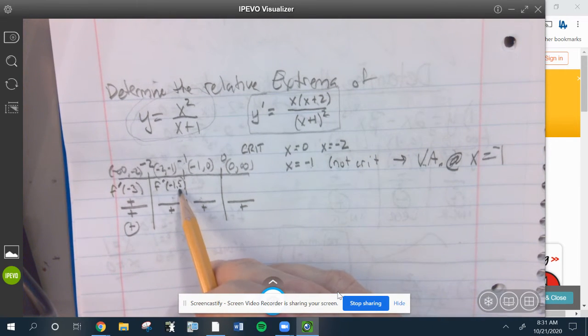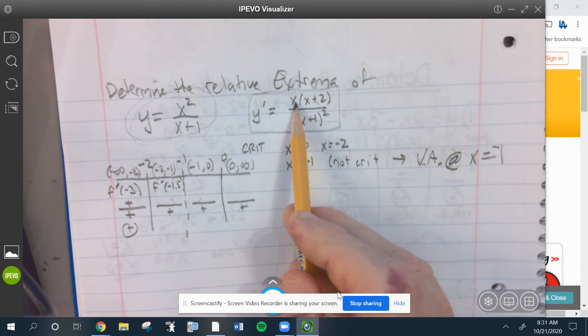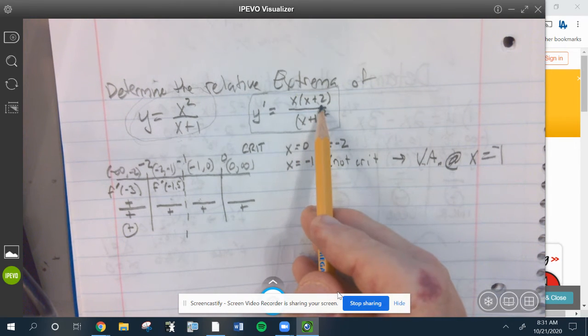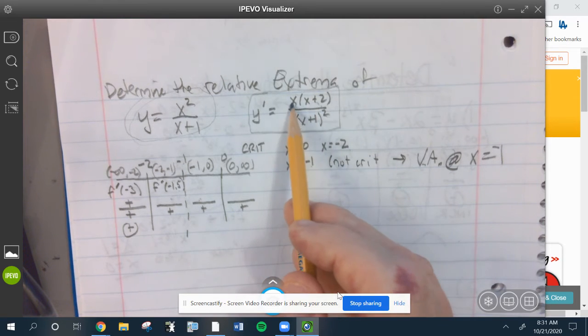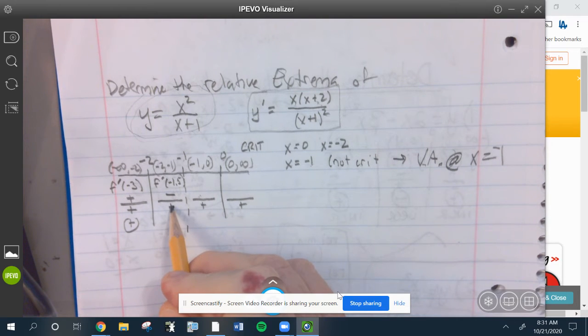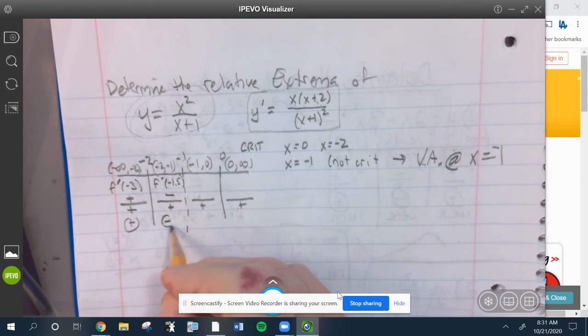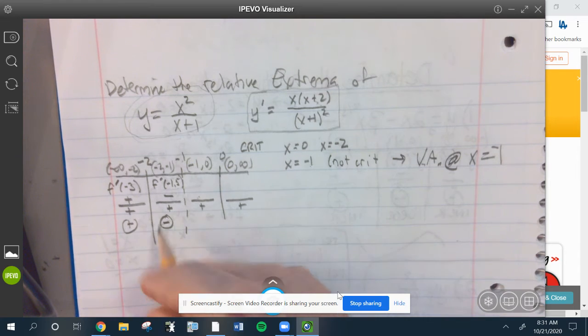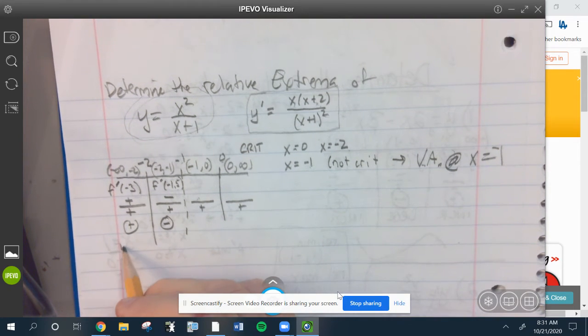Because when you plug -1.5 in here, you get a negative times a positive. -1.5 plus 2 is obviously positive. So a negative times a positive, which is negative, over the bottom, which is positive, and then negative divided by positive is negative. So we're increasing in this interval. We're decreasing in this interval.